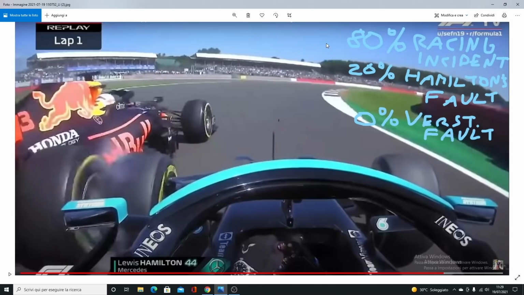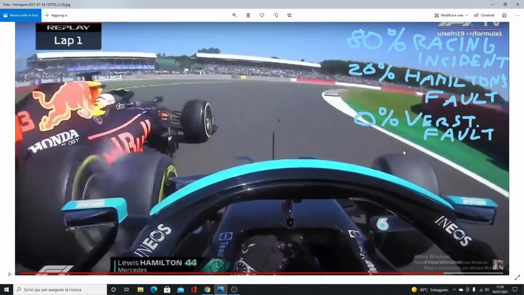If we need to give fault to somebody, if we need to blame somebody, I think it's 20% Hamilton's fault, even though again it was not intentional, of course, because he had some space to the wall here. He did not take it, but he didn't expect this to happen, and Verstappen definitely has no fault at all in this. He did nothing wrong, he couldn't have done anything better than this.